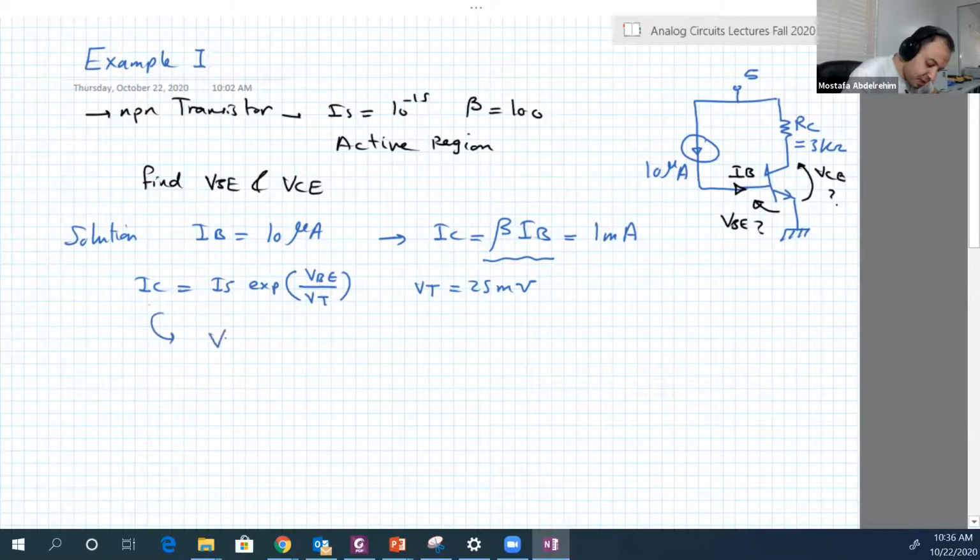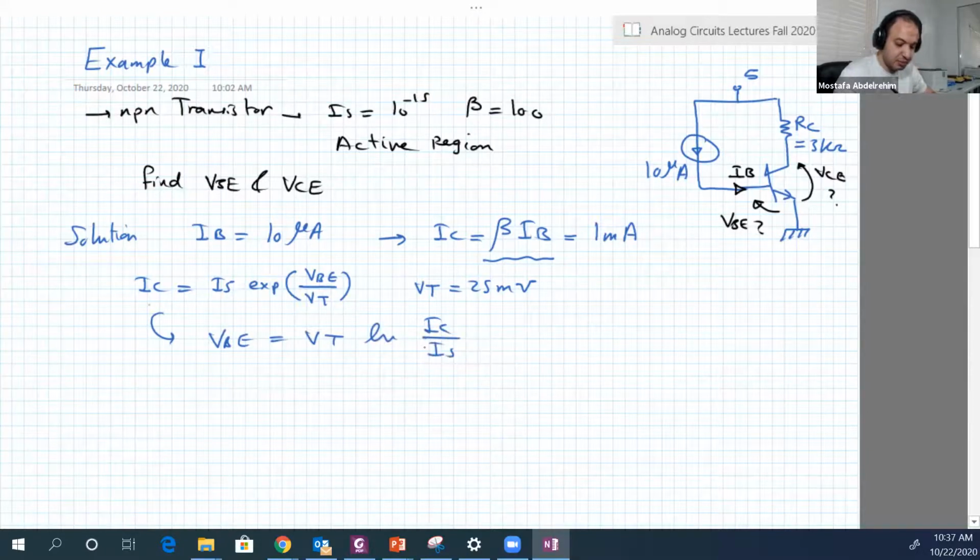From this, VBE equals VT ln IC over IS. If you substitute, it will be 690.7 millivolts. So this is the first requirement.